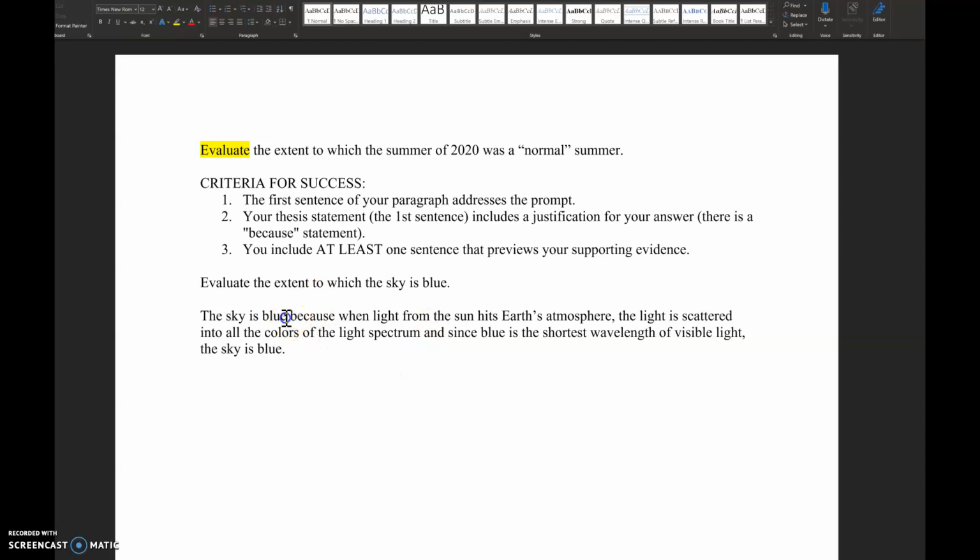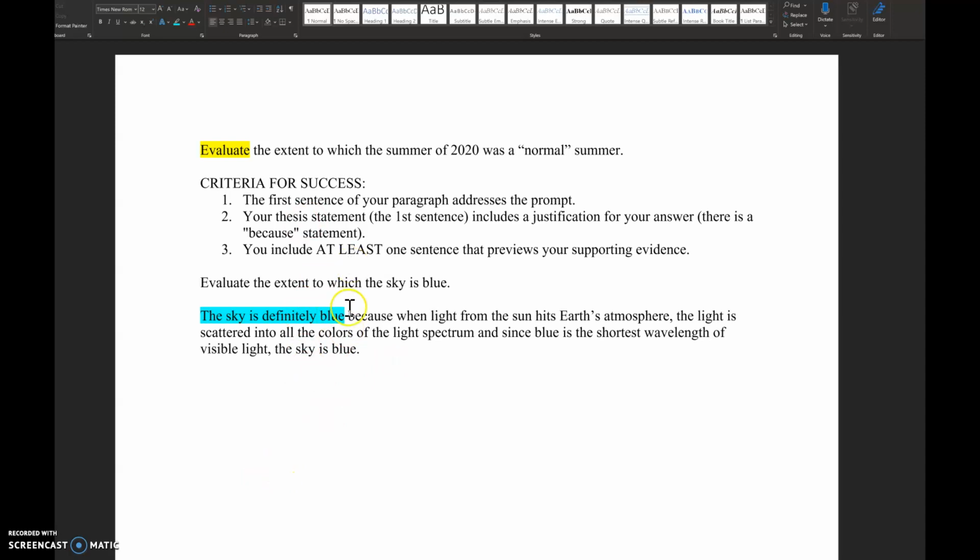So this part right here, appropriately, I'm going to highlight in blue, is our first criteria for success. I just answered the prompt: the sky is blue. If I wanted to make it a little stronger, I could say the sky is definitely blue.